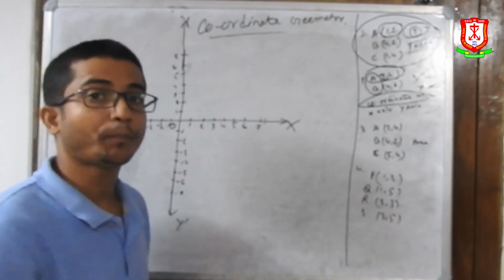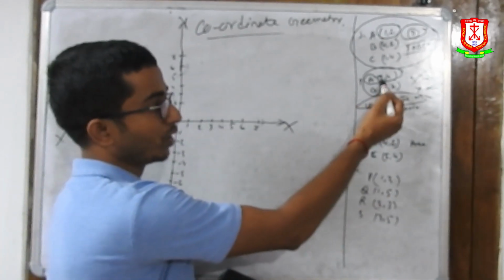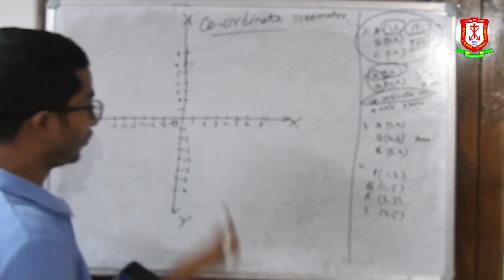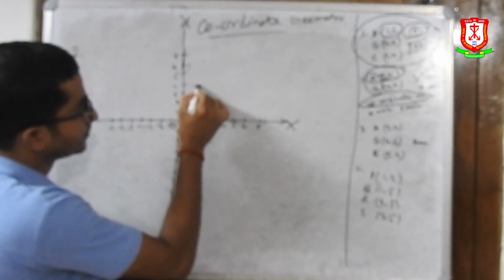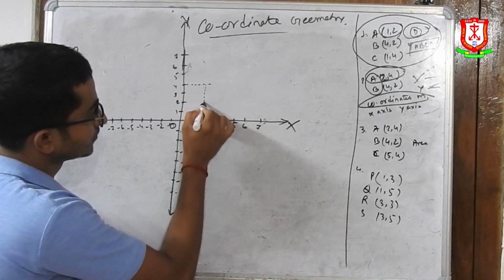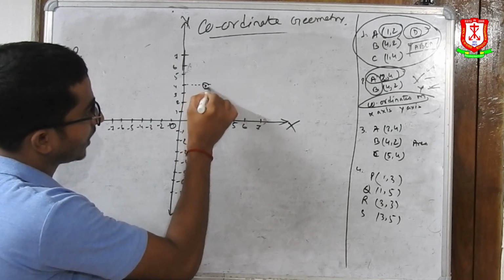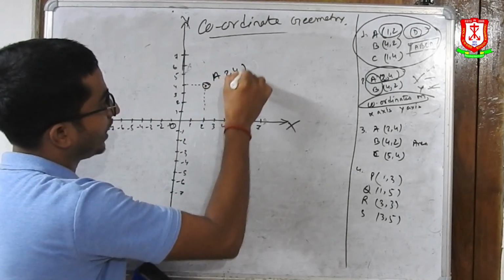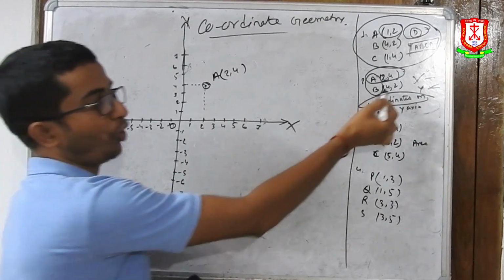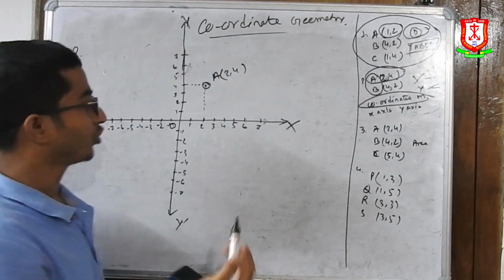If we plot the point A, what is the coordinate? (2, 4). The value of x is 2, the value of y is 4. Here is our point A, whose coordinate is (2, 4). Then point B, whose coordinate is (4, 2).